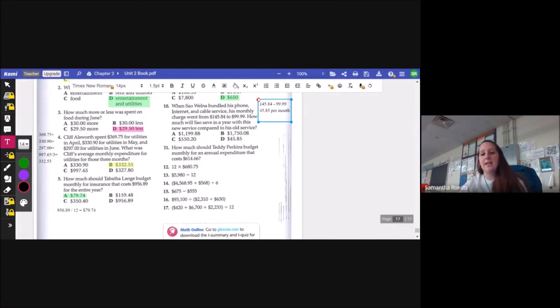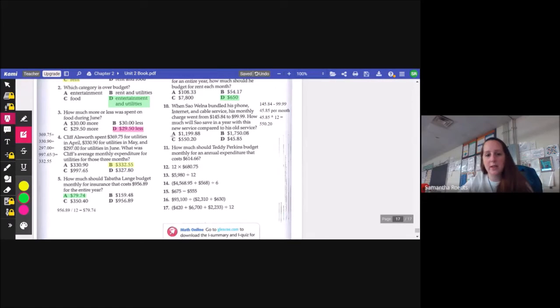I want to know how much he's saving for the year, so I multiply it by 12, and that gives me $550.20. That's how much he saves for the whole year. So that's letter C.